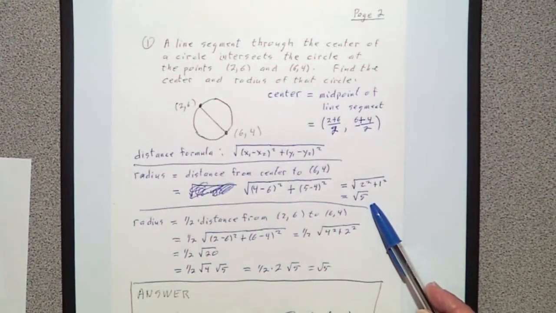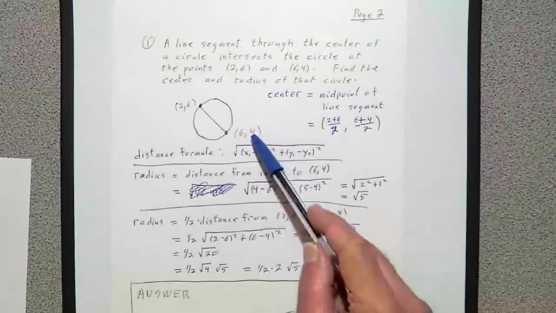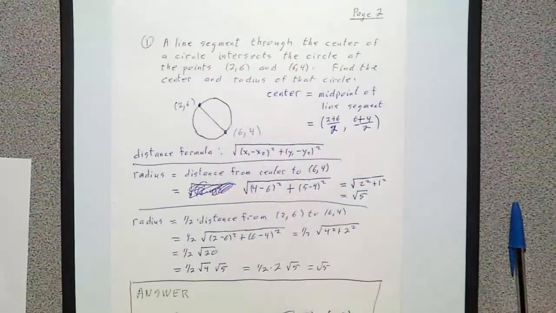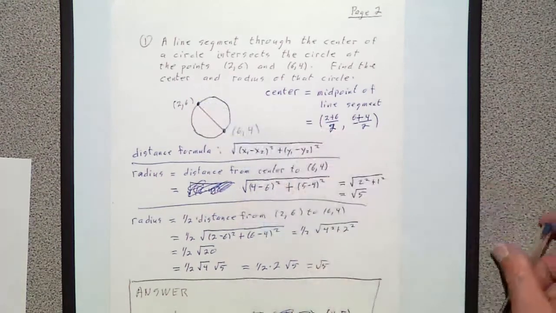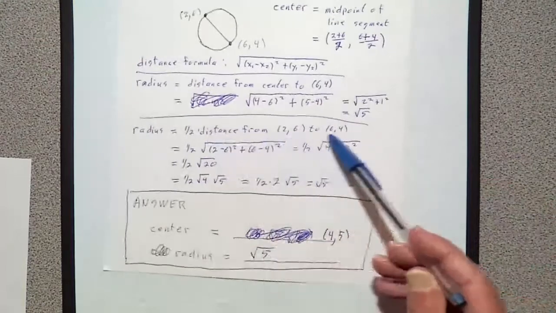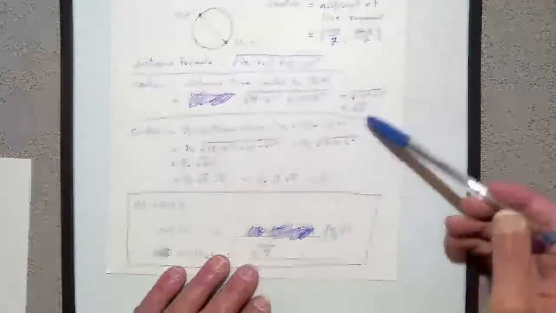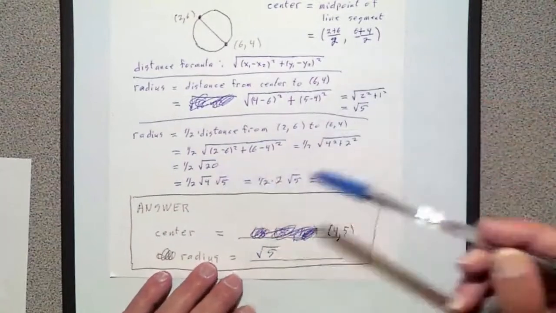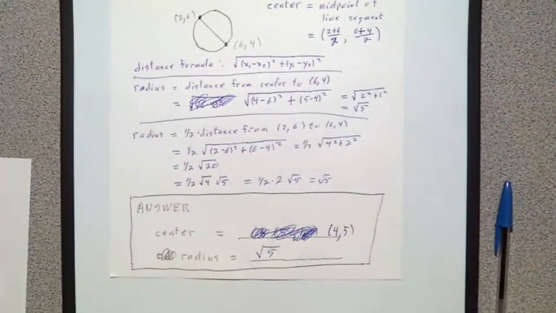You could also take the other point, instead of (6, 4), (2, 6), and look at the distance between it and the center. An alternative way to do it is that the radius is half the distance between these 2 points. So you could take half the distance between these 2 points, plug into the distance formula. You get a half square root of 20.